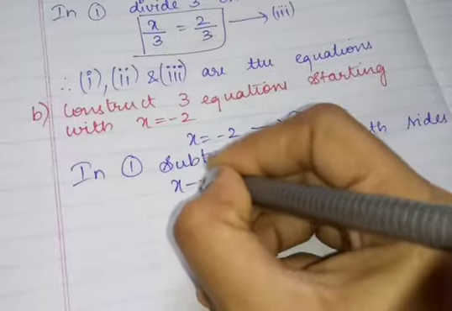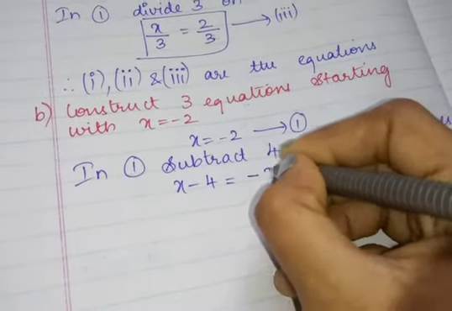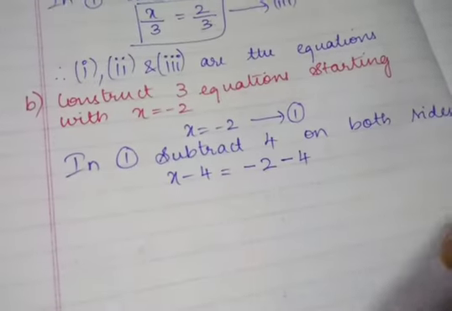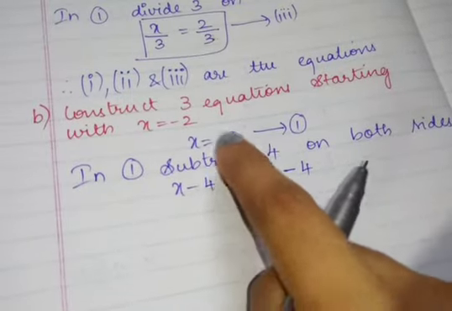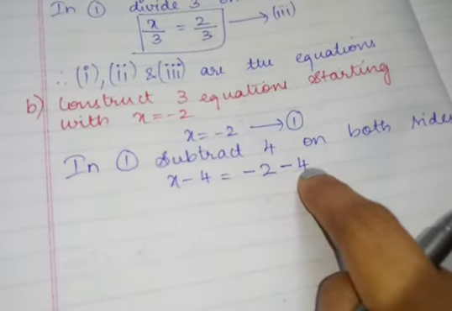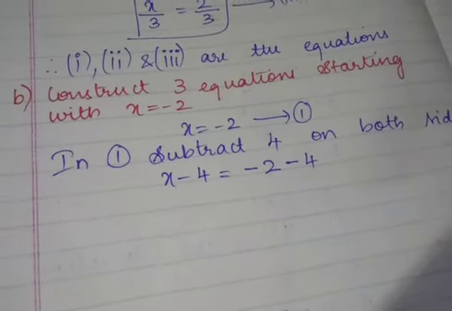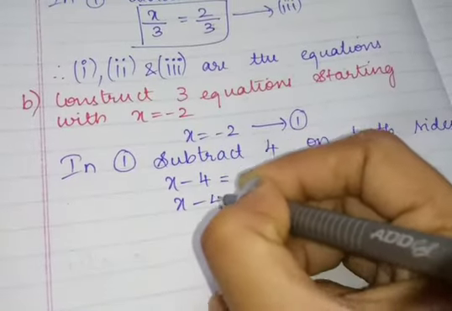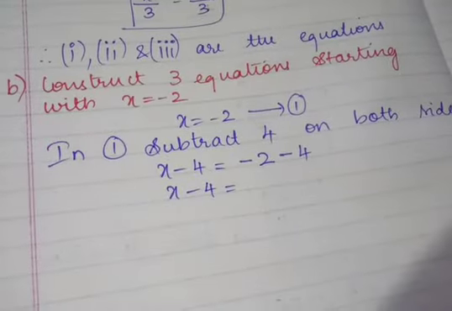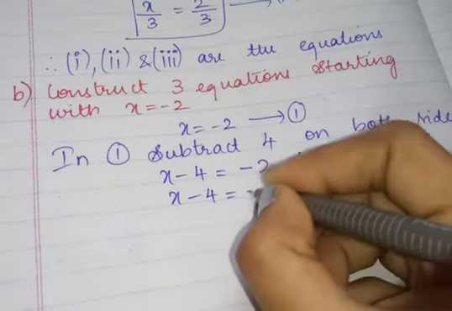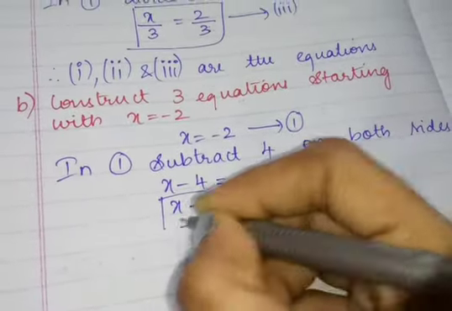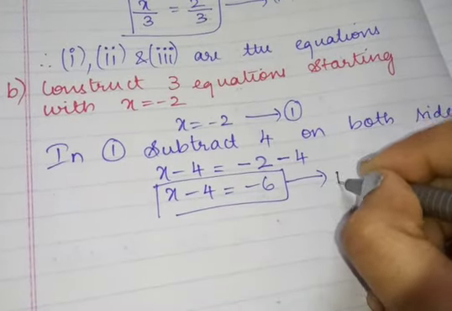So x minus 4 equal to minus 2 minus 4. You can add on both the sides also, no problem. x minus 4 is equal to minus 2 minus 4, which is minus 6. So this is one of your equations.